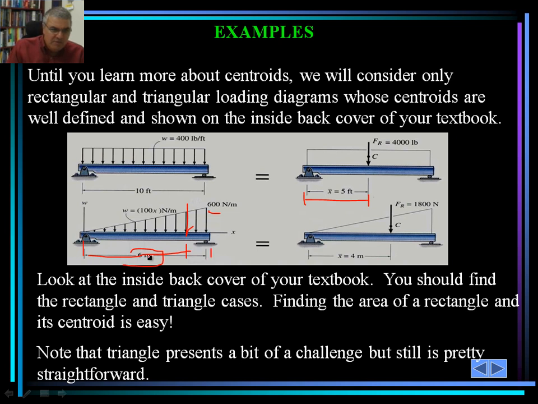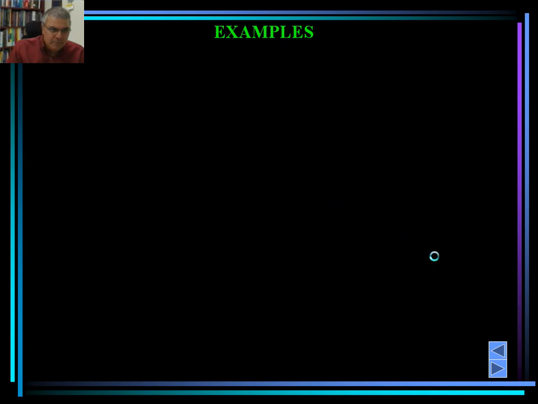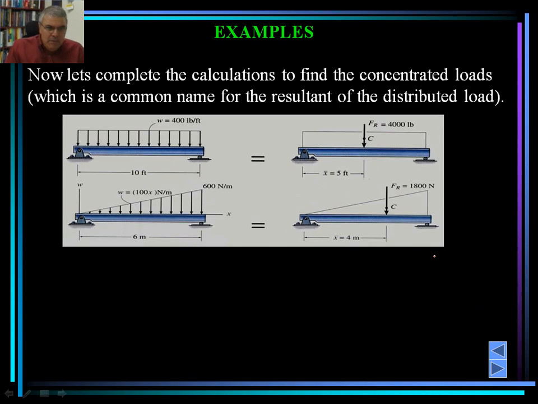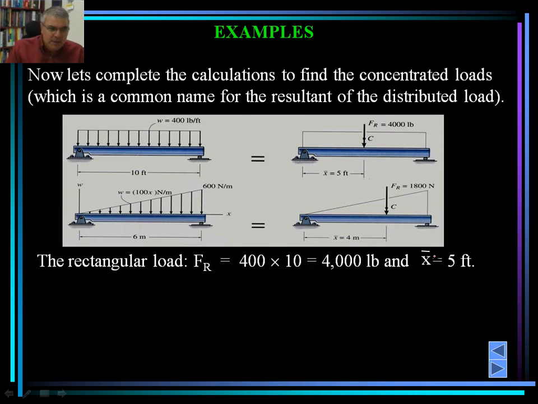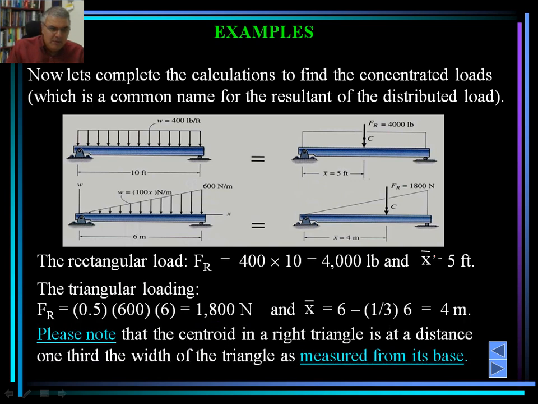The length of the beam is 6 meters, so 2/3 of that would be 4 meters. So it's going to be located right here. Okay. Other examples, again, we can simply do that as I just explained to you.